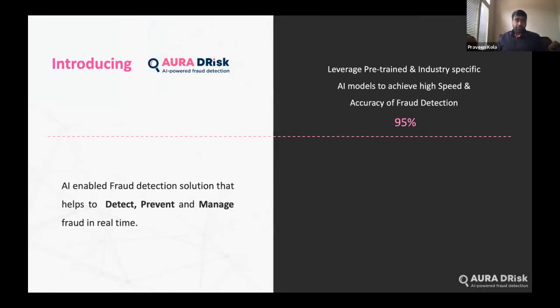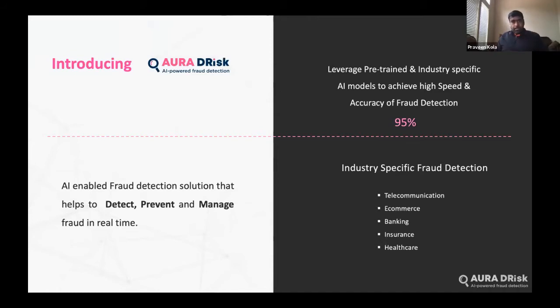We have the framework to do that. Our pre-trained models and highly sophisticated unsupervised models are able to achieve this high-speed real-time detection and accuracy, and we are seeing accuracy results of up to 95% as these models learn. And we are serving various industries: telecommunications, e-commerce, banking, insurance, and healthcare.